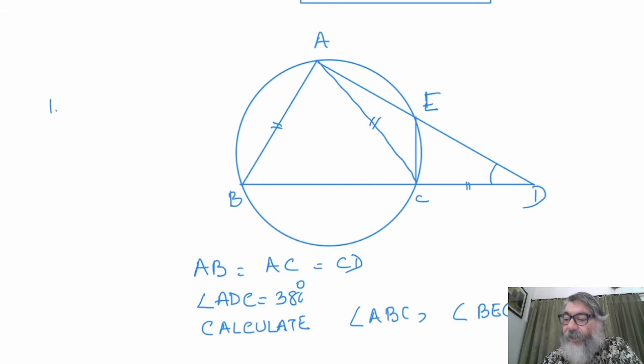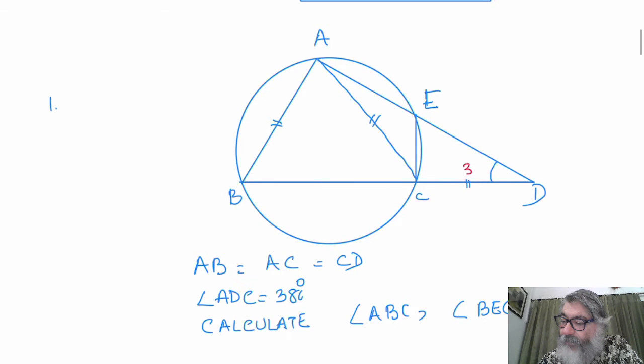You can see AB is equal to AC is equal to CD, and he says angle ADC is 38 degrees. This angle is 38 degrees. And what does he want you to calculate? He wants you to calculate ABC.